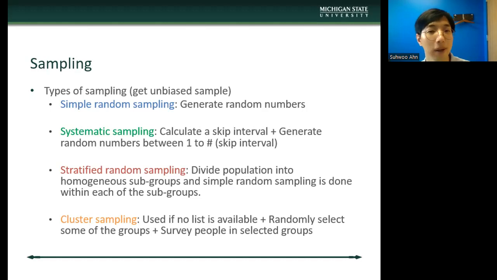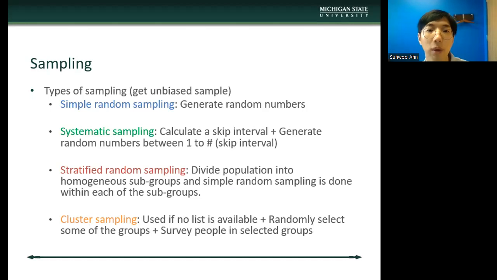In systematic sampling, researchers select a sample in a slightly different way. First, we get a list of everyone in the population, the same as with simple random sampling. Assign each person a number. Then we calculate the skip number. The skip number is calculated by the population size divided by the sample size.